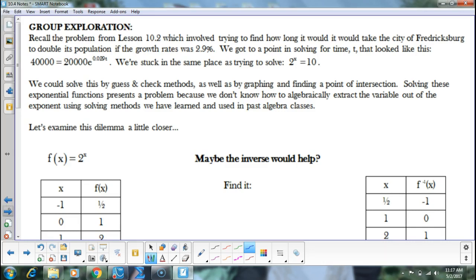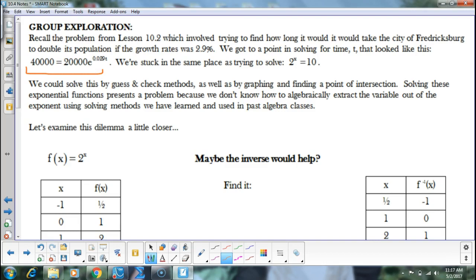If we think back to last week, we had this dilemma already. We were talking about the city of Fitchburg in Pennsylvania and them doubling their population if their growth rate was 2.9%. We came up with that equation, and we wanted to double that.